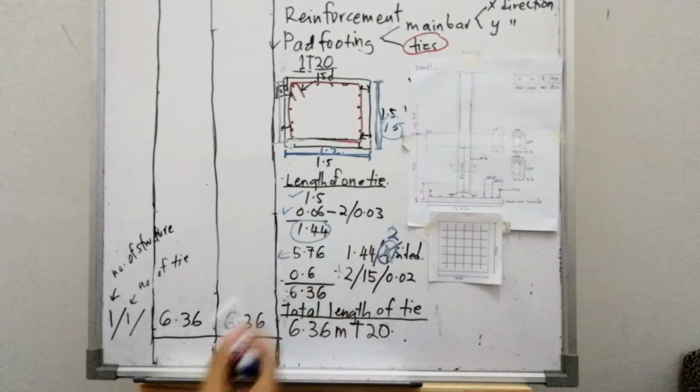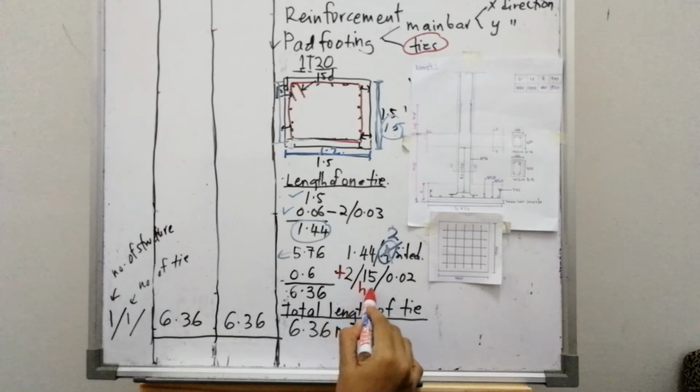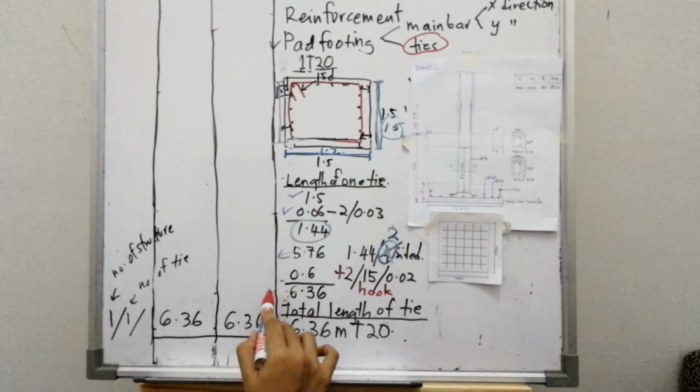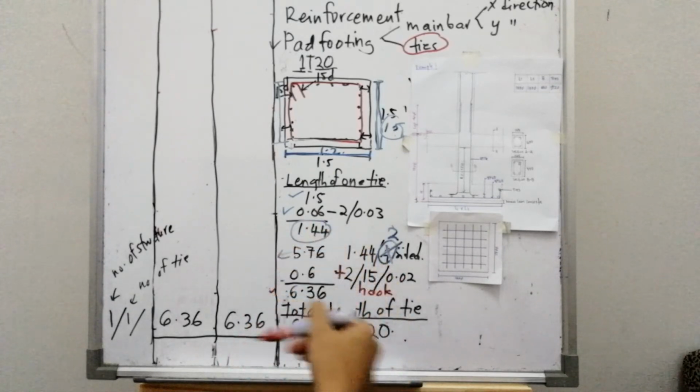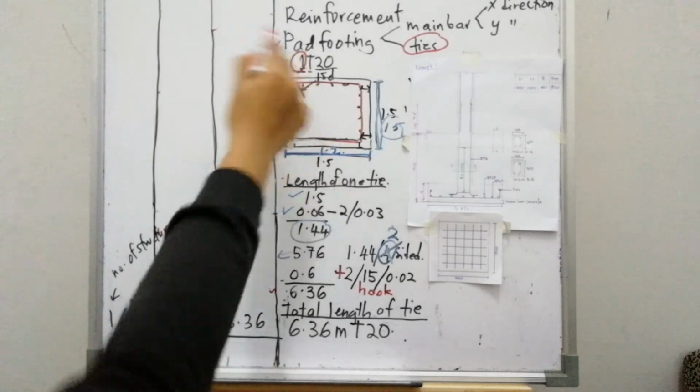Then you add the hook to get the length of one tie. The rest is the same if the number of ties is given.